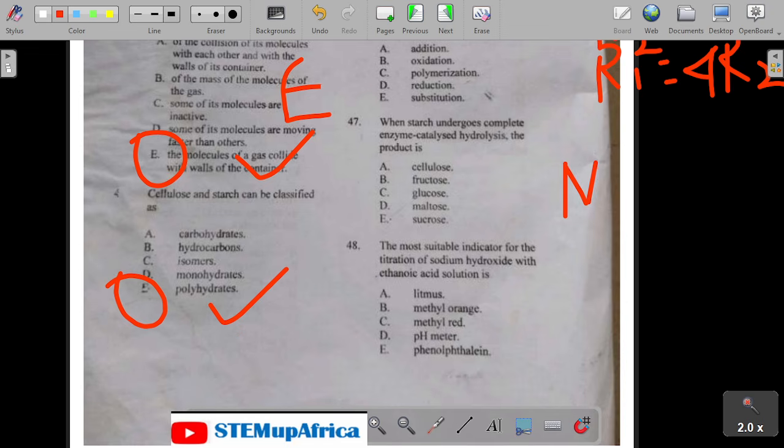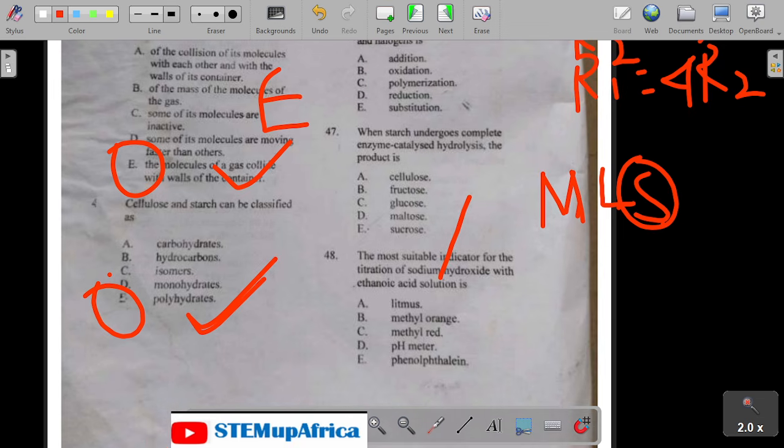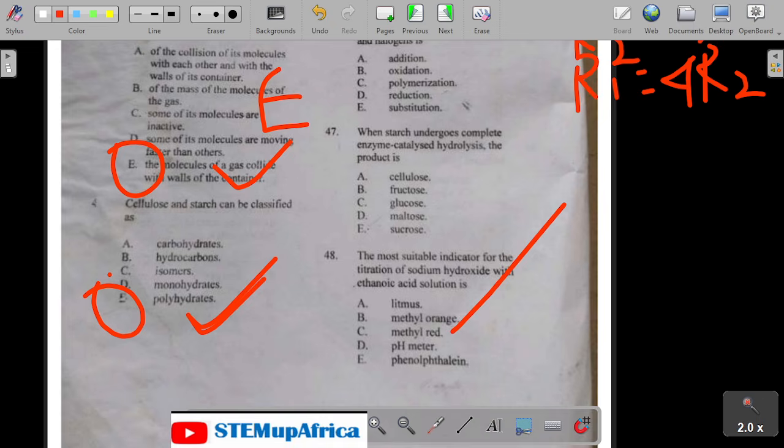Okay, it's sucrose, lactose, amylose, so it's polysaccharide. So the answer is correct. So I use a mnemonic to know it. You can use any acronyms to know anything you want to know. It can be a club, it can be somebody's name, provided it gives you the answer.